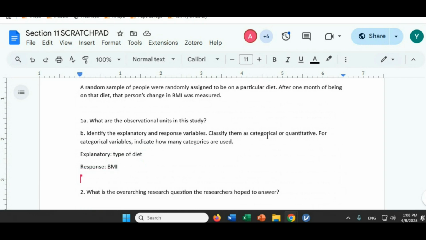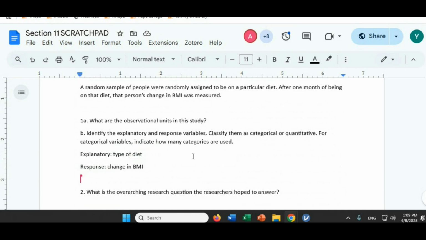So now I would say BMI is involved in the response, definitely, but can we be a little bit more careful? What was the response? The word BMI is there, but did anyone catch that? Yes, it is the change in BMI. Very good. You know why that's important?